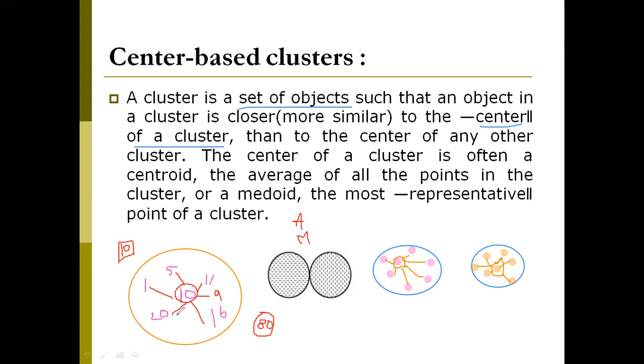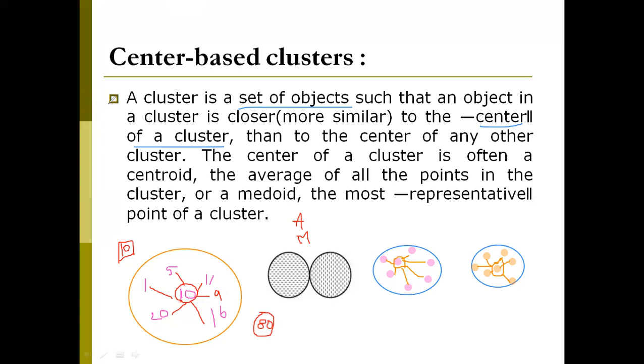Based on that center point, you calculate whether the other data points within the cluster are similar to 10 or not. If they are similar to 10, they belong to the cluster. Otherwise, if the distance between those points is more, they do not come into this particular cluster, right?